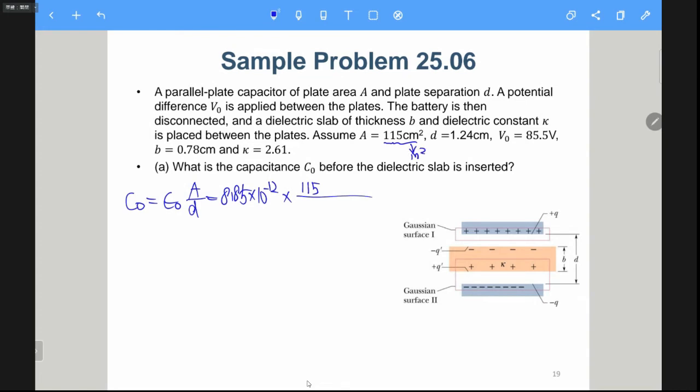You know, 1 meter square is 10 to the 4th power centimeter square, which means that we need to multiply it by 10 to the minus 4 to make it a meter square.